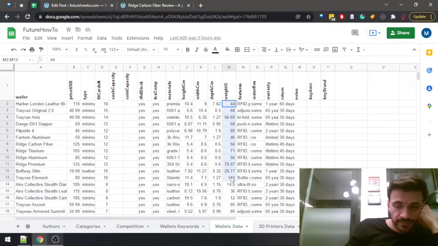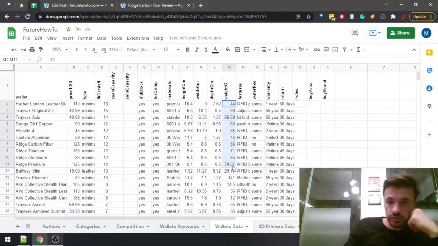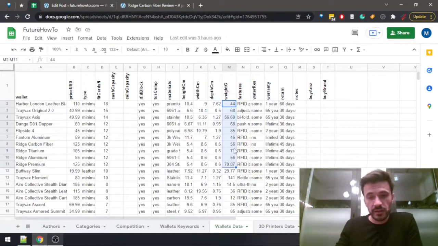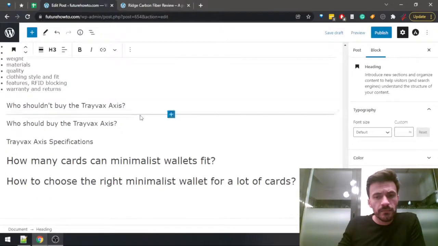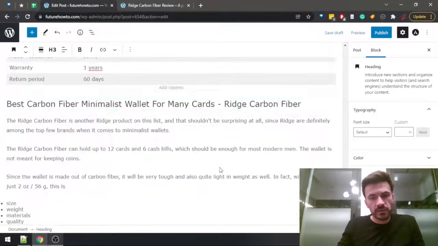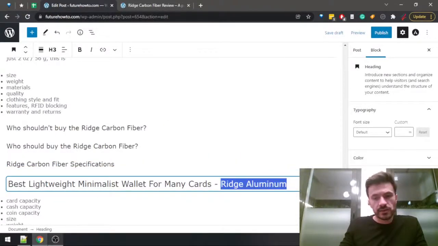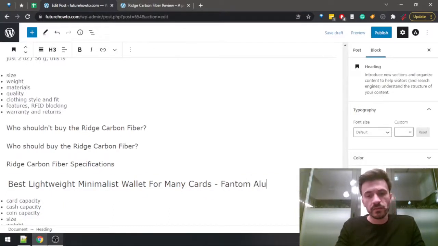Plus, weight doesn't really even matter in this niche. What's the difference between 80 and 45 grams? It's not really a lot. Oh, maybe we can do this one. Do we have Phantom aluminum? No, we don't. Okay, that can be the lightest. Yeah, let's do it like that. Phantom aluminum.